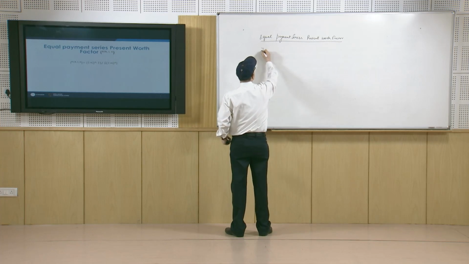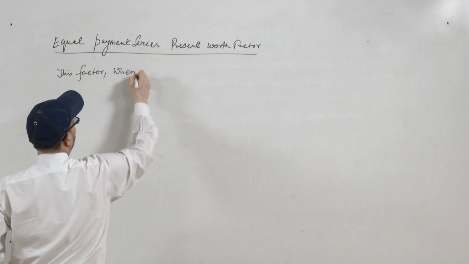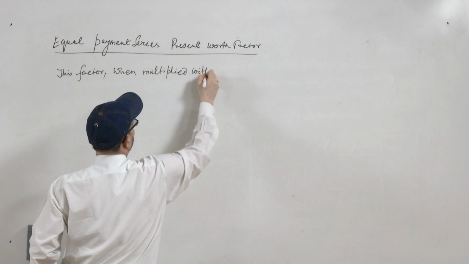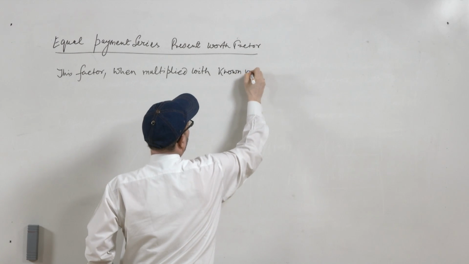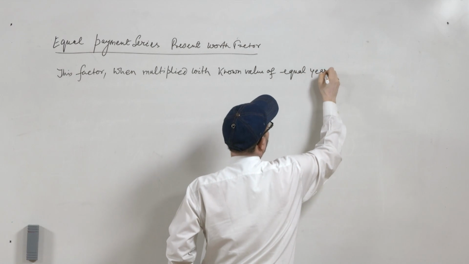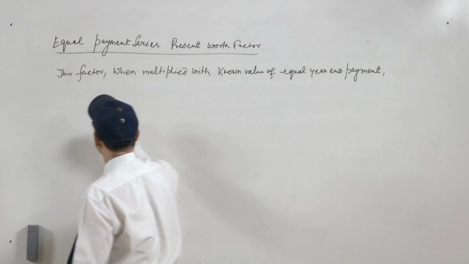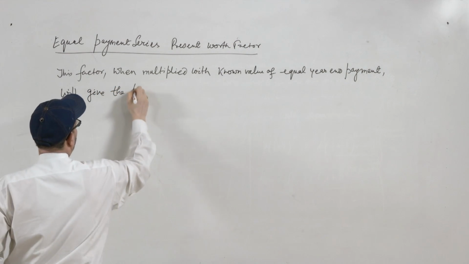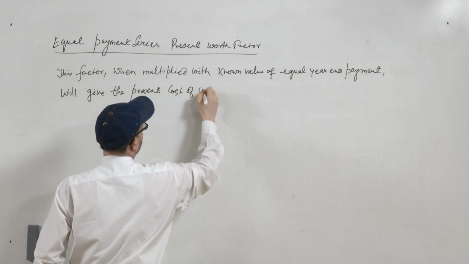So, this factor when multiplied with the known value of equal year end payment will give the present cost of the investment.